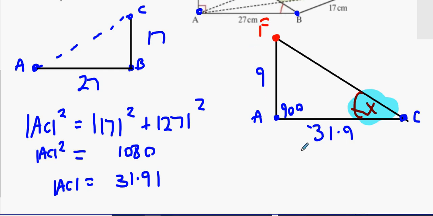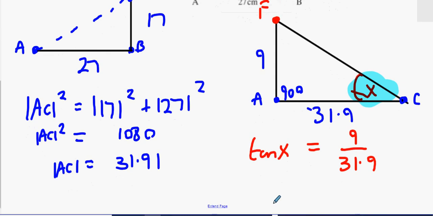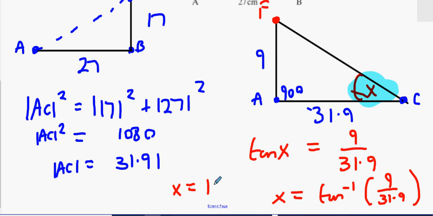So tan x equals? 9 over 31.9. Yeah. So tan inverse that then, yeah? And what do we get? 15.75. Is that okay with you guys? Alright.